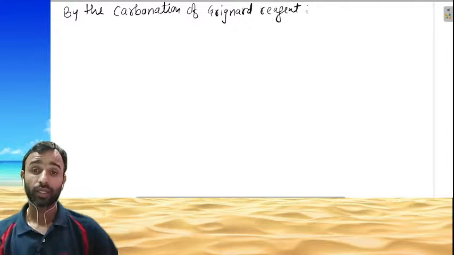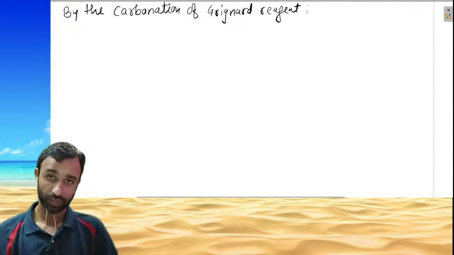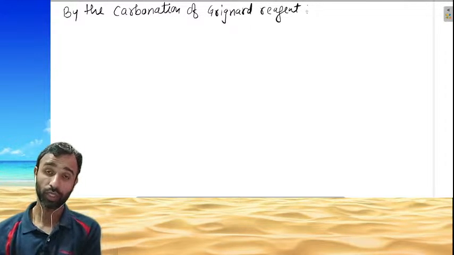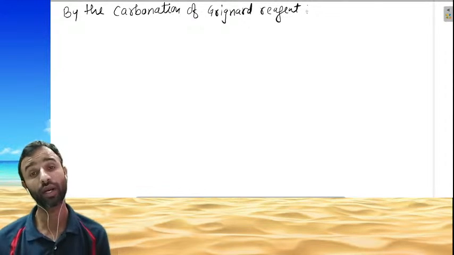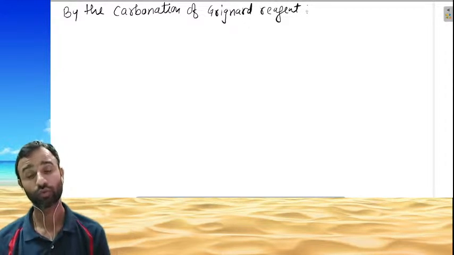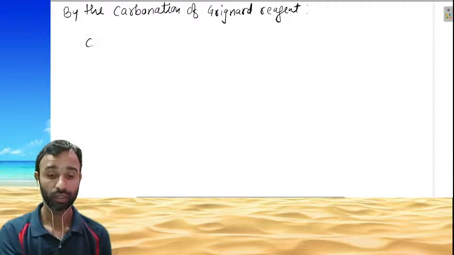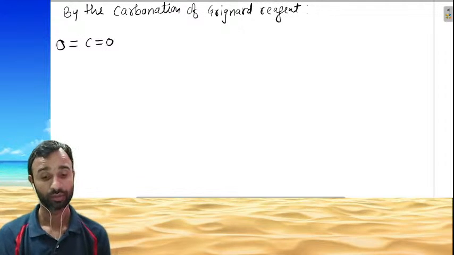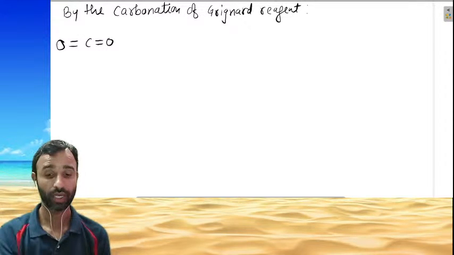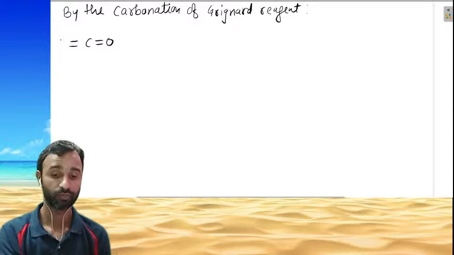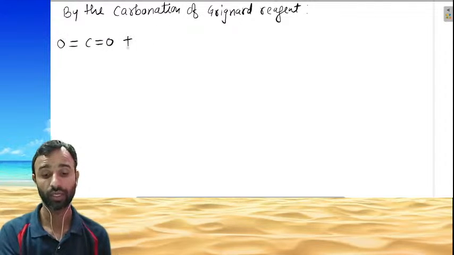See, if we have a Grignard reagent and we would like to increase one carbon to form carboxylic acid, what we do? We use carbon dioxide.